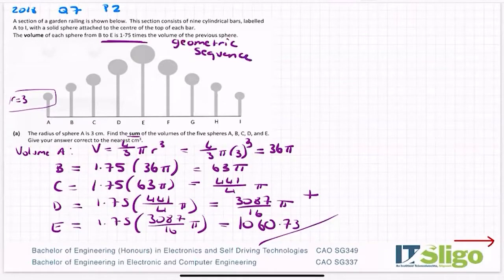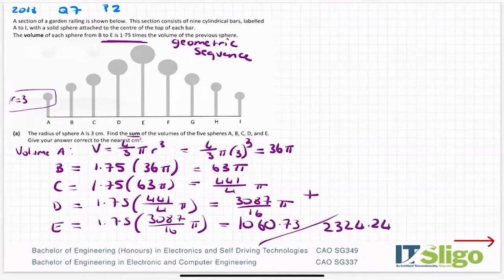And of course I sum them all up together because it says find the sum of the volumes. So 36 pi plus 63 pi plus 441 over 4 pi plus 3087 over 16 pi plus 1060.73. And I'm getting 2324.24.